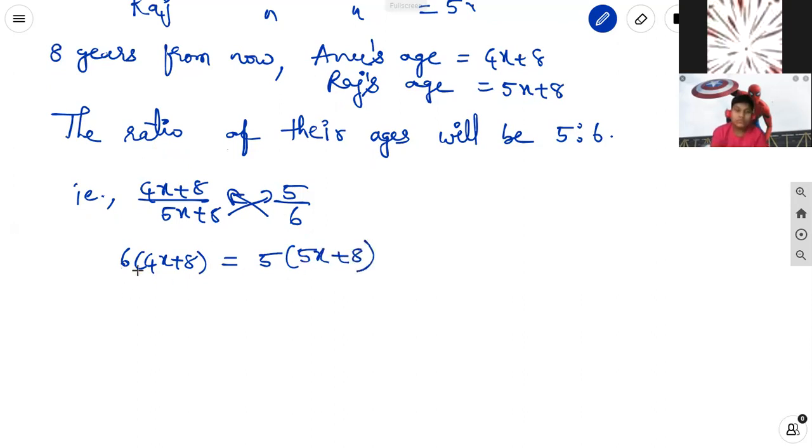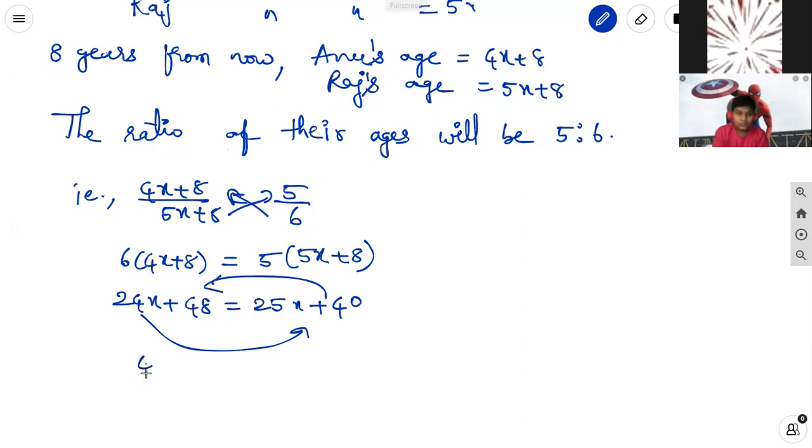By the distribution law, 6 fours are 24x plus 8 sixes are 48 equals 5 fives are 25x plus 5 eights are 40. Taking the x terms to one side and constant terms to the other side, it is 48 minus 40 equals 25x minus 24x. So 8 equals x.